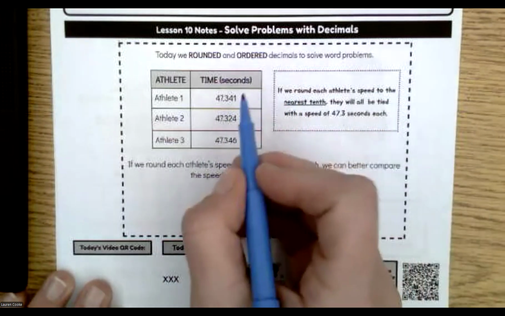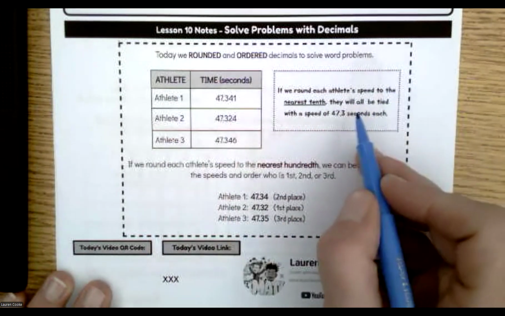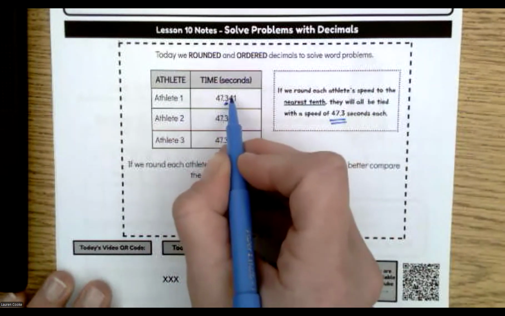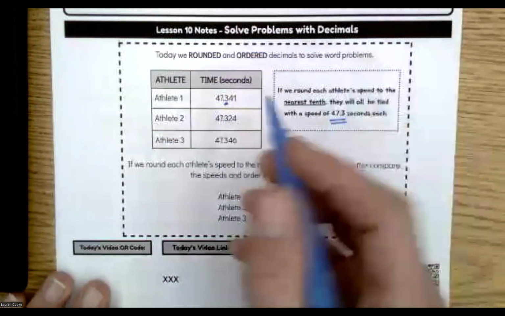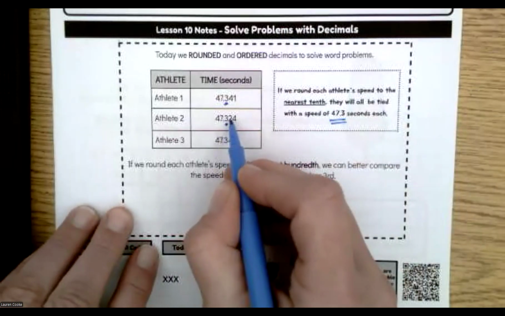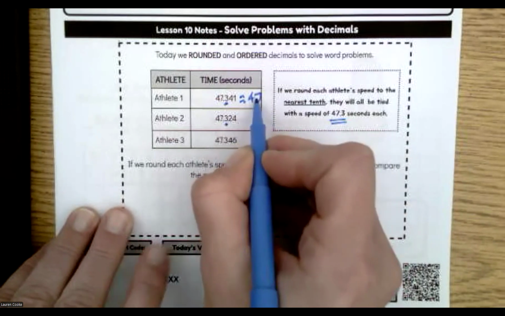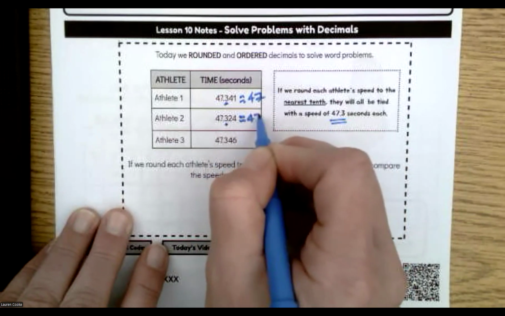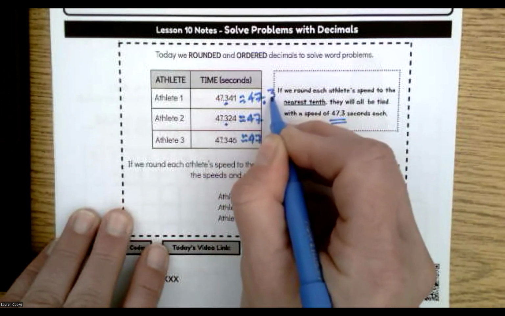So here, if I wanted it to the nearest tenth, this would be 3. I'm only looking at the 4. 4 isn't enough to bump it to the next tenth. Here, 2 isn't enough to bump it to the next tenth, but a couple things I've noticed. The 47 stays the same for everybody.